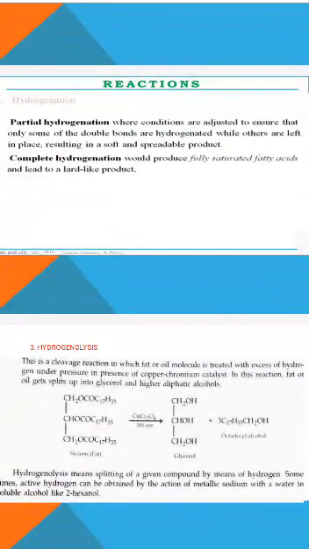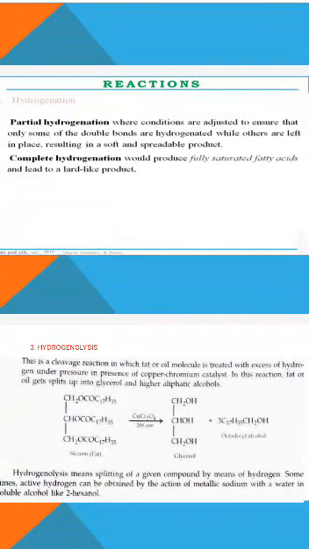Mostly this reaction is useful for manufacturing vanaspati ghee or dalda, that is, vegetable ghee is manufactured from vegetable oil. There are two types of hydrogenation, partial hydrogenation and complete hydrogenation.